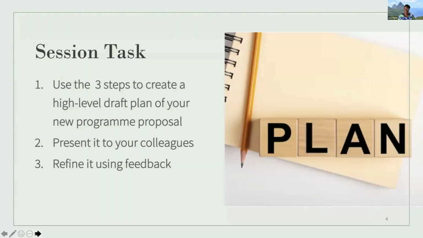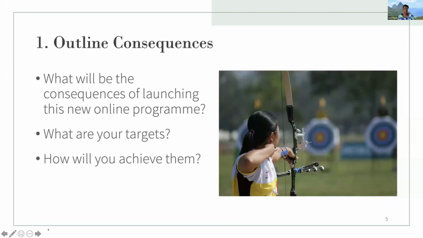If you check in the chat, you should see the link to the handout, and you're going to use the handout to walk through this. You're also going to be presenting it to your colleagues in your small group, and hopefully you'll be able to refine it using some feedback. So when you walk away from this presentation, you should have that plan almost done. It's a high-level plan, of course. All right, so let's get right into it.